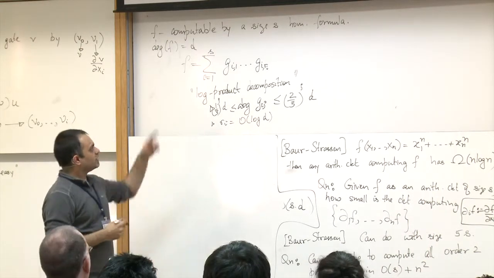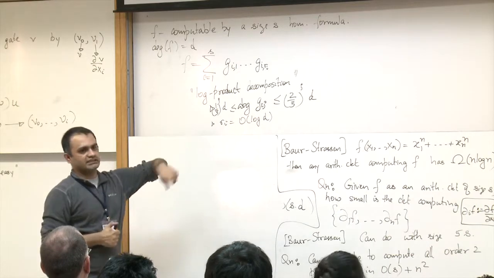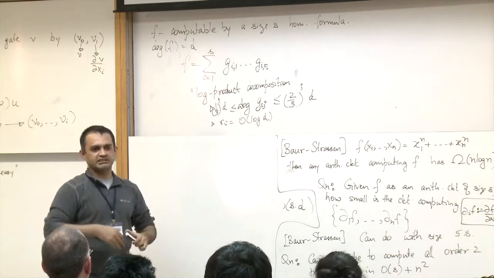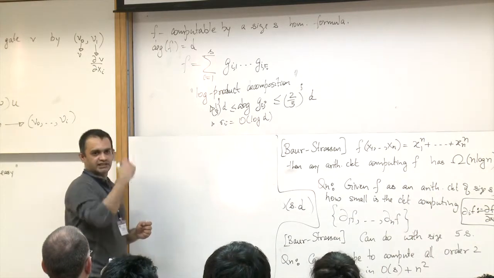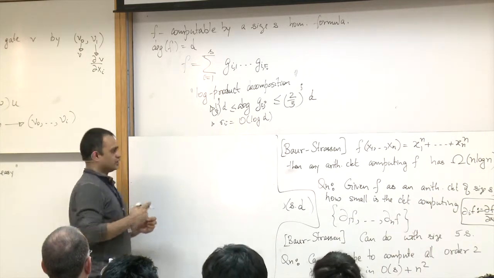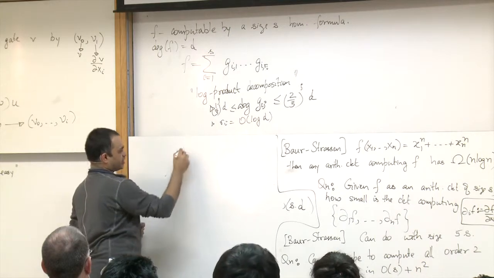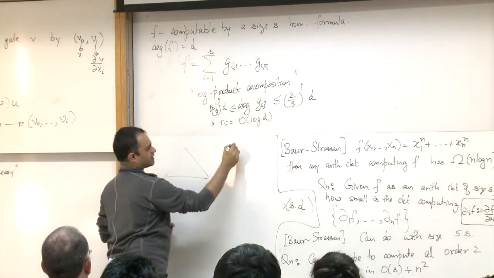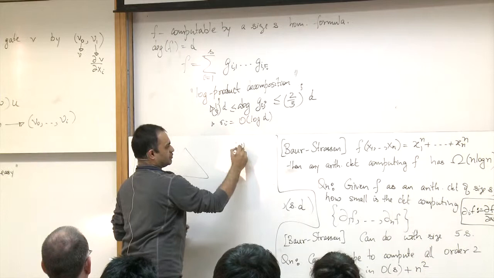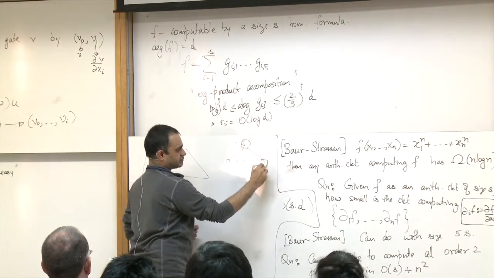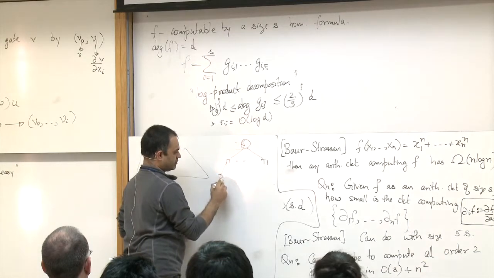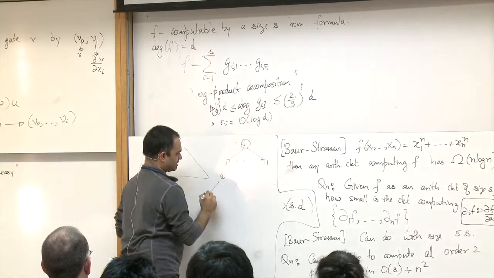This will turn out to be interesting in the sense that one way to depth reduce a circuit is, we'll eventually want to show that every circuit can be written as a depth 4 circuit. If you're computing a degree d polynomial, the depth 4 circuit will look like a big sum gate on top, then a bunch of products, and then another sum, and a bunch of products.